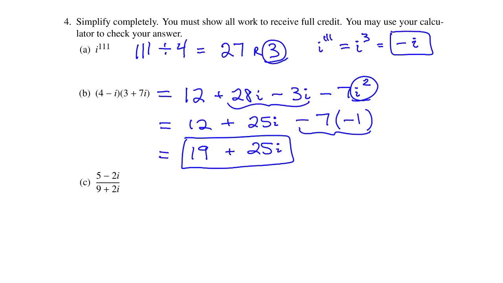Part C, to divide two complex numbers, we are going to multiply both the top and the bottom by the conjugate of the denominator. The conjugate of 9 plus 2i is 9 minus 2i.